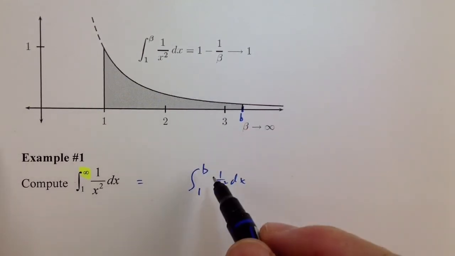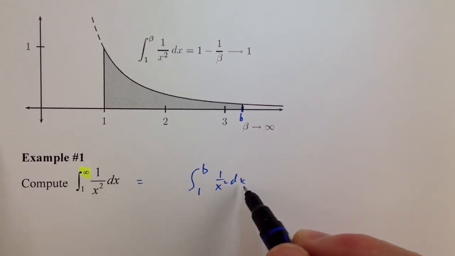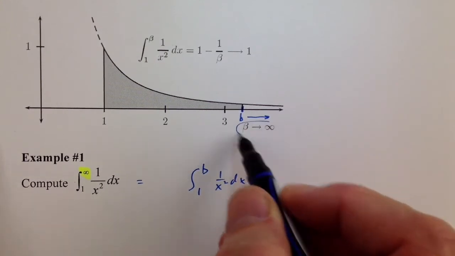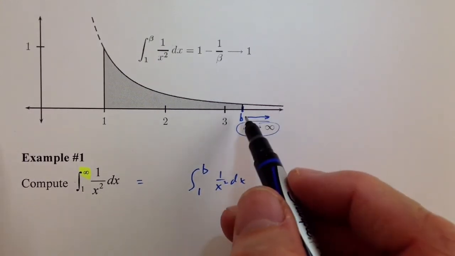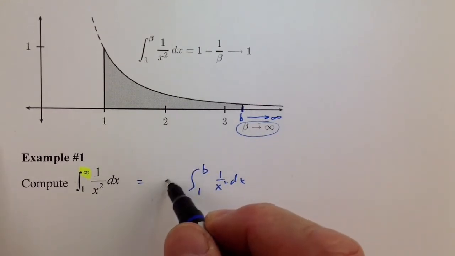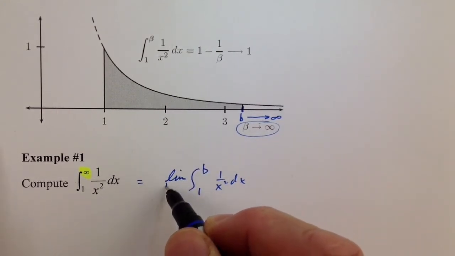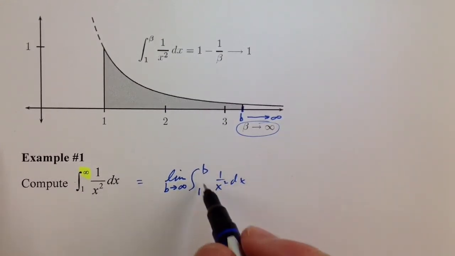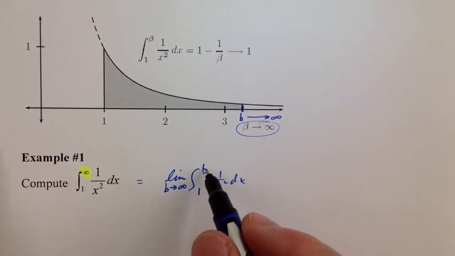So if we evaluate the integral from 1 to b of 1 over x squared dx, and then we send b out to infinity, and they use beta in this diagram but I use b, we just take the limit as b approaches infinity of whatever we get when we evaluate the integral from 1 to b.